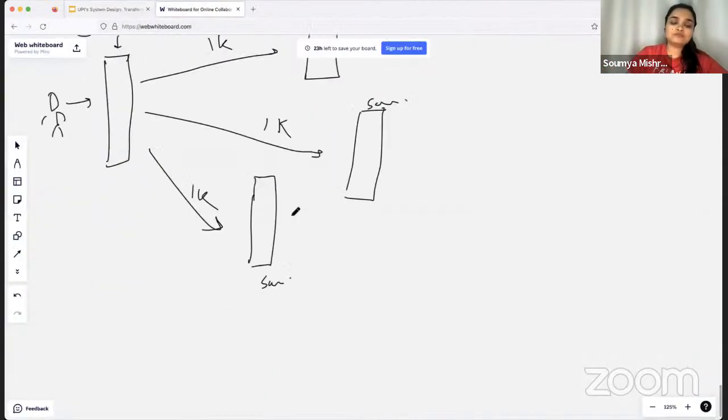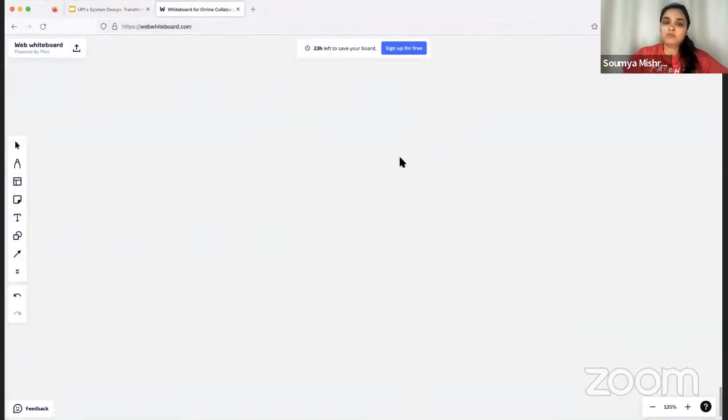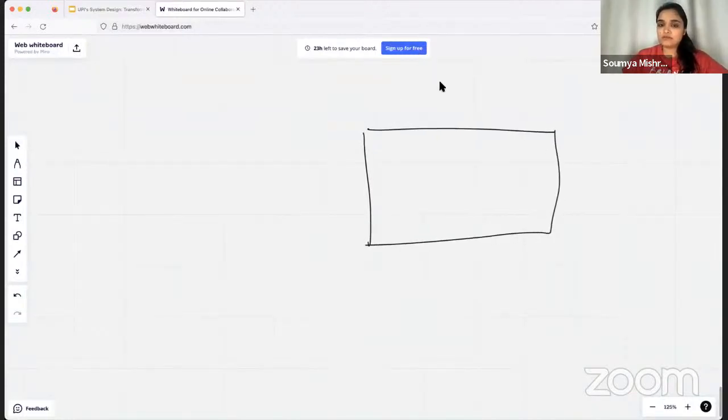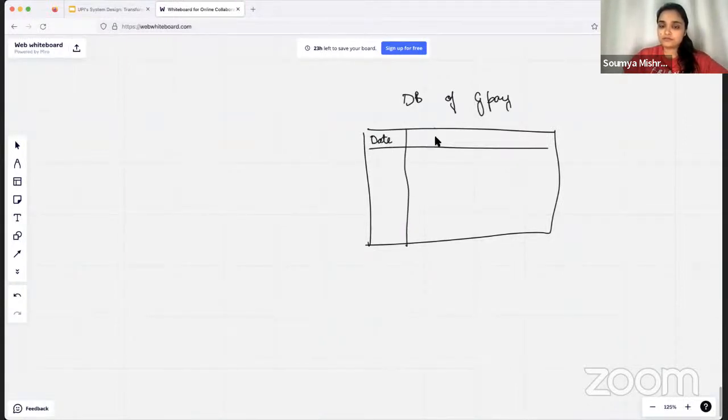So for example, this is the database of Google Pay, the DB of GPay. It is having date, time, sender, receiver, amount.